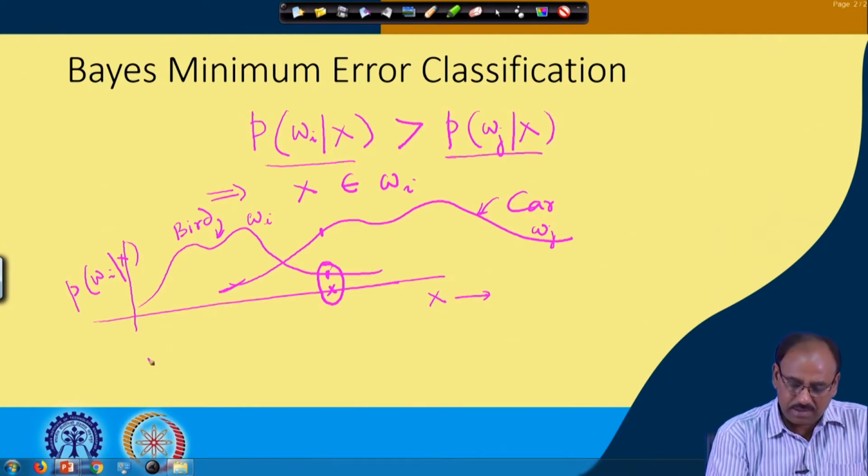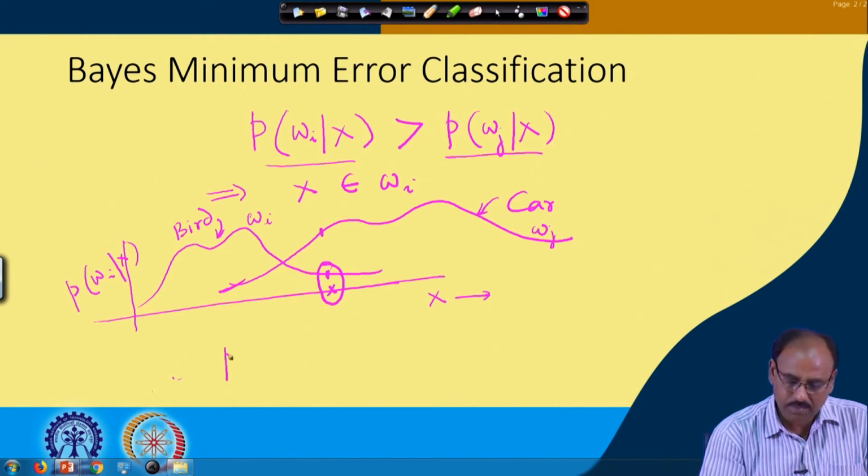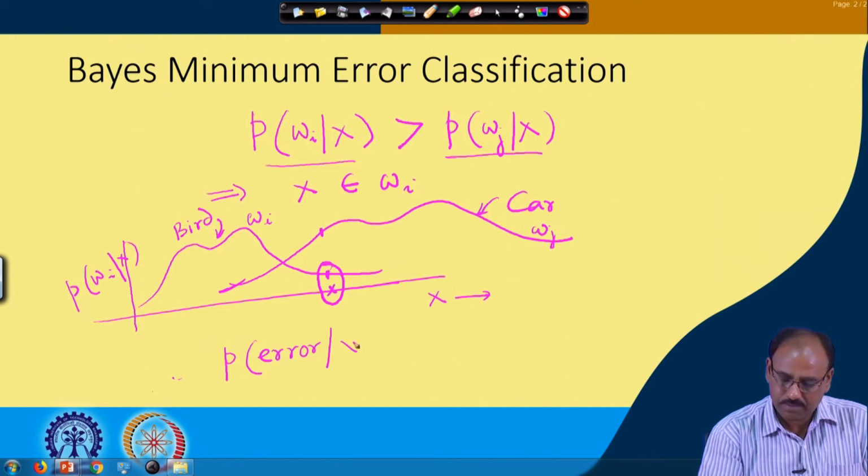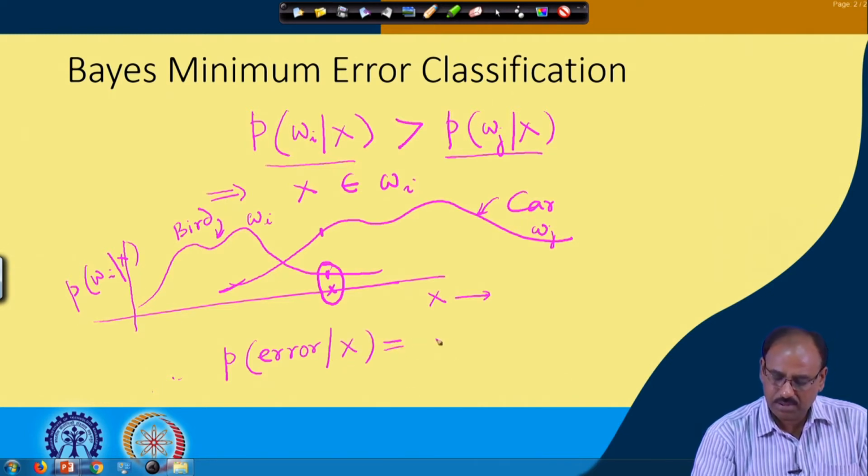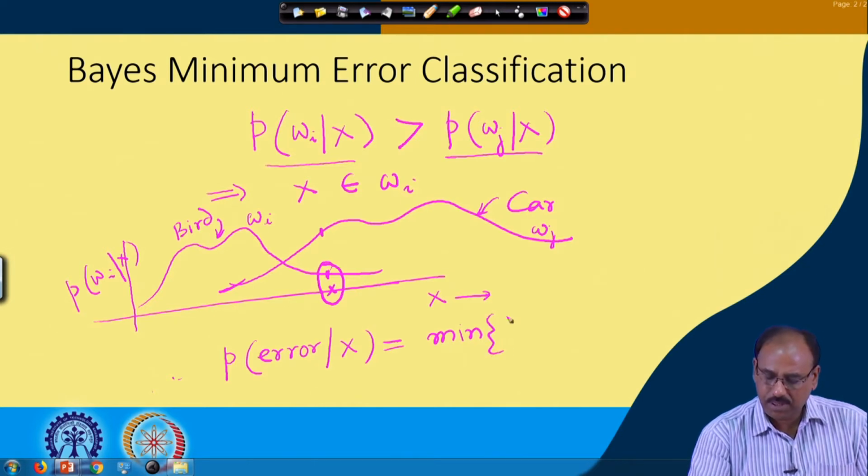So, if I write P of error given x, it is nothing but the minimum of P of omega i given x and P of omega j given x.